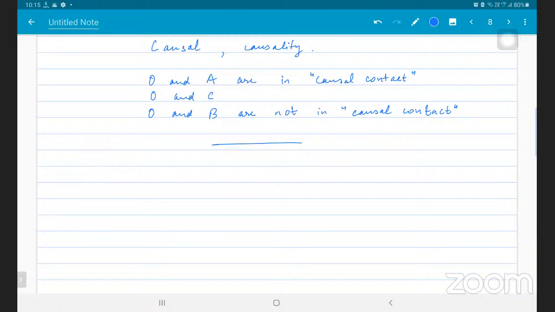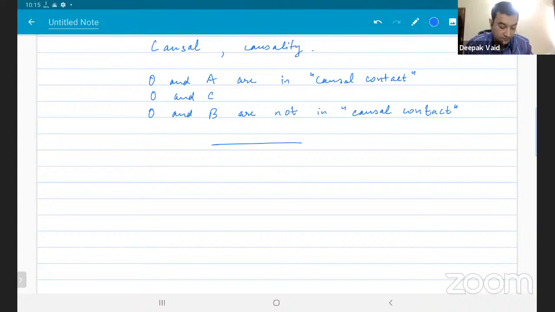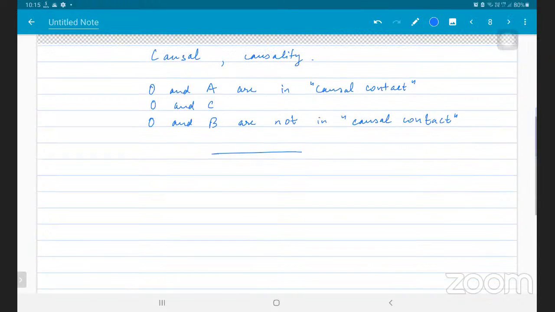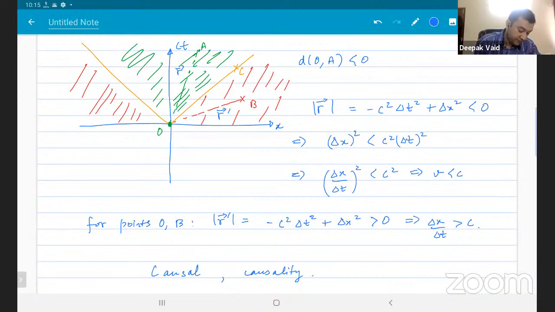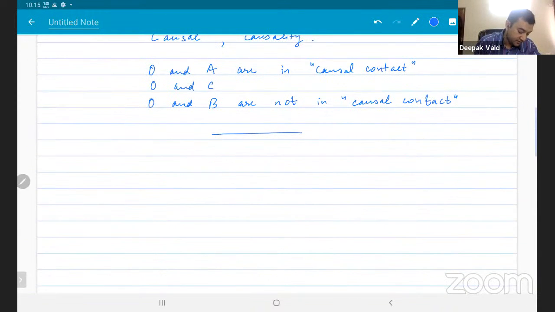Sir, in the time-like region, if we consider two events and connect them with a line, and that line is not passing through the origin, is it possible? No, you're right. So this region is called the light cone, for obvious reasons, it looks like a cone.